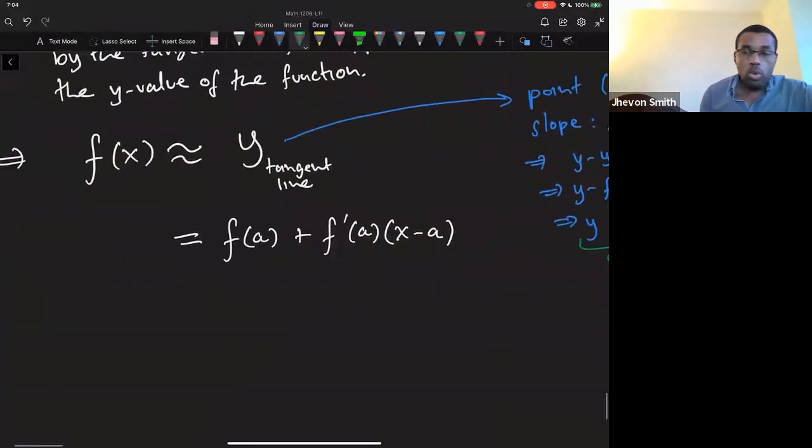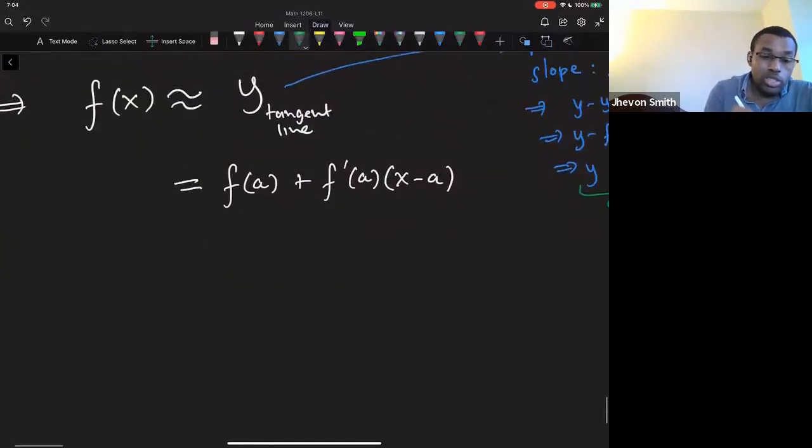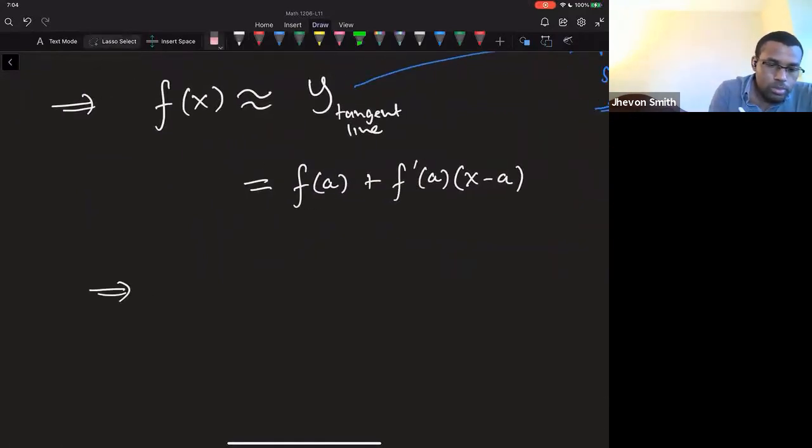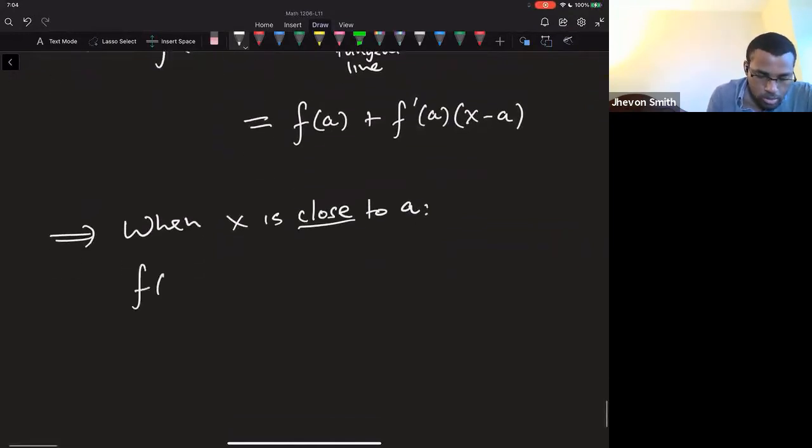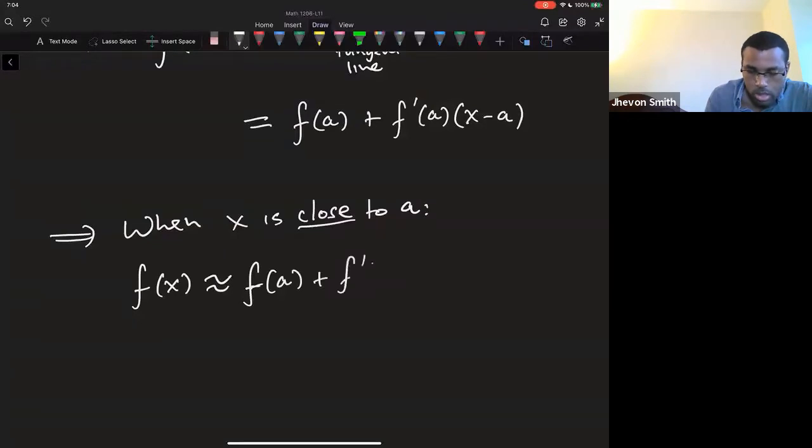Okay. So what we're going to do is output the value of the function. So we're going to use this to approximate the value of the function. This means that when x is close to a, the output of the function is going to be close, or it's assumed to be close, to this expression.